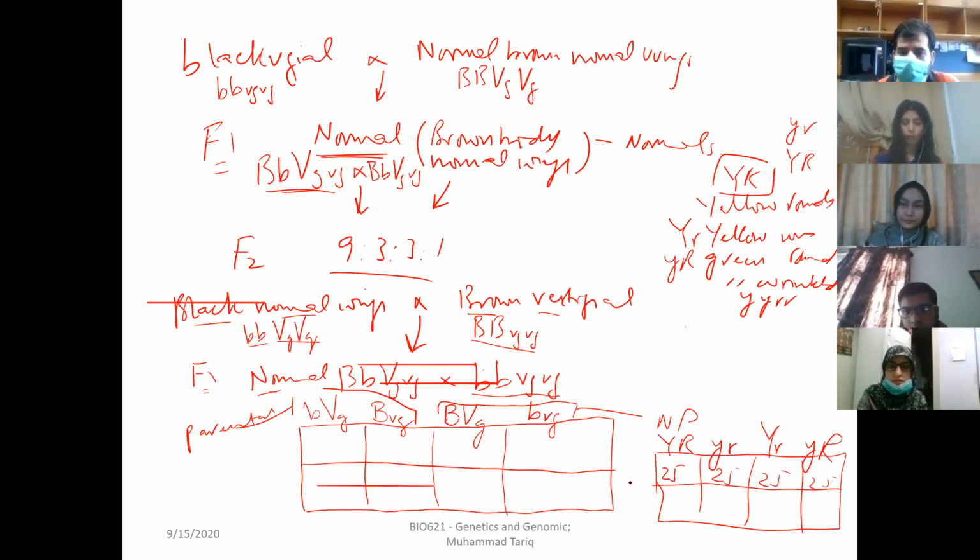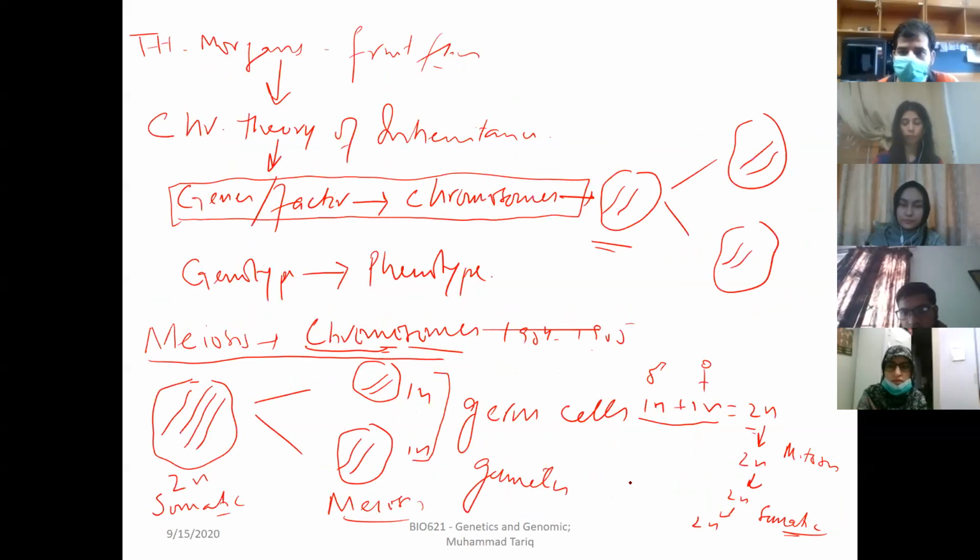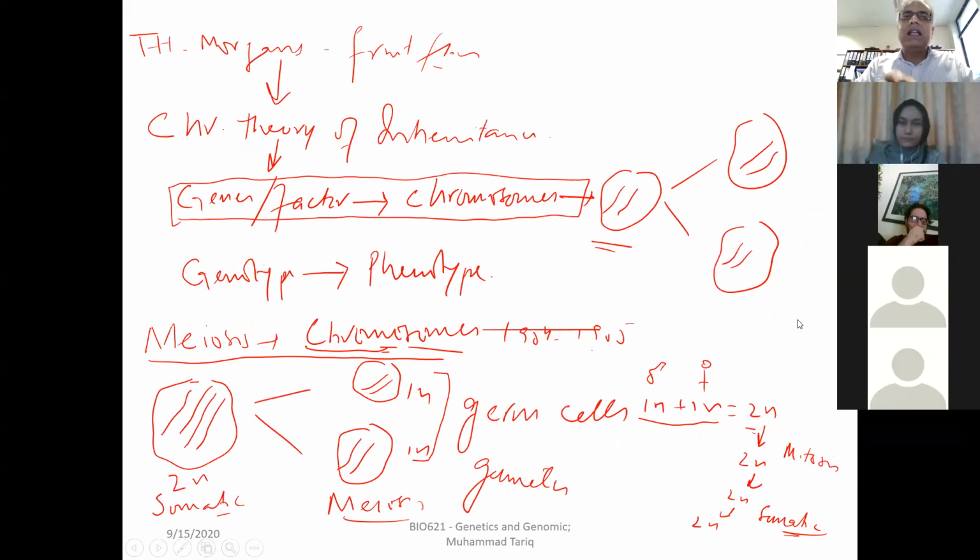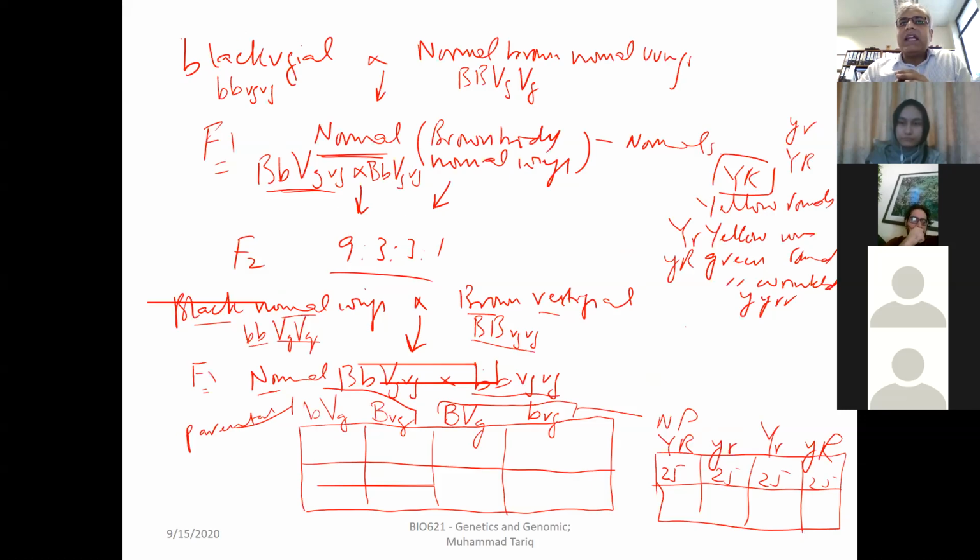So since the discovery of meiosis, an idea was there. They had learned that the genes associate with chromosomes, and they were getting strange numbers.